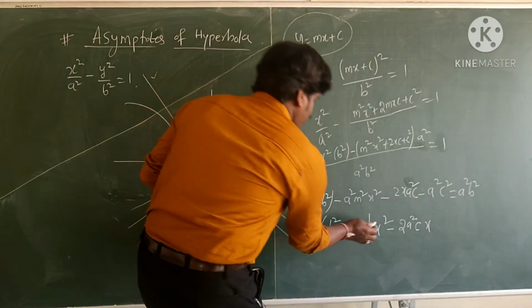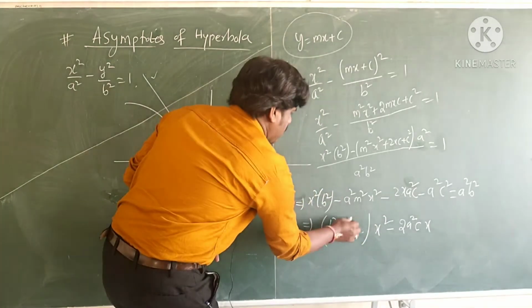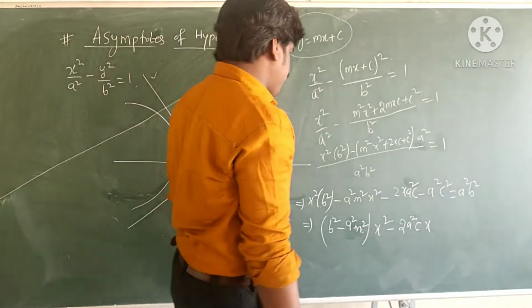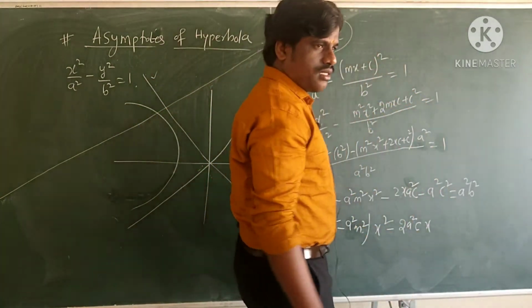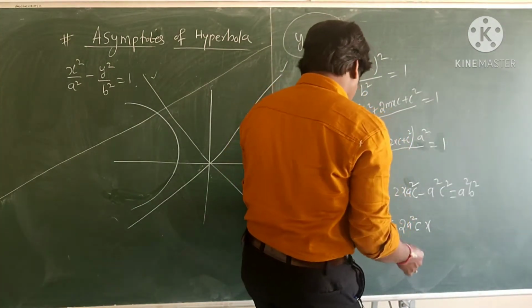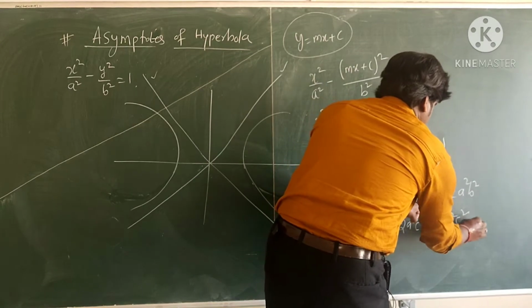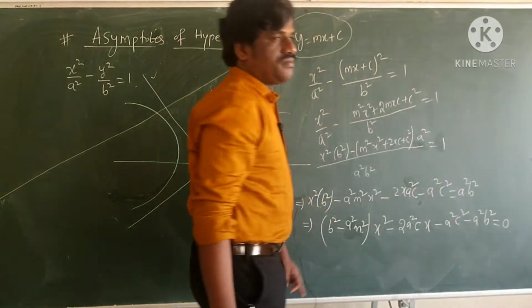No, I wrote the x square coefficient wrong. x square coefficient is b square minus a square m square. x coefficient is what? Minus 2 a square mc, right? And the constant here is minus a square c square minus a square b square is equal to 0.